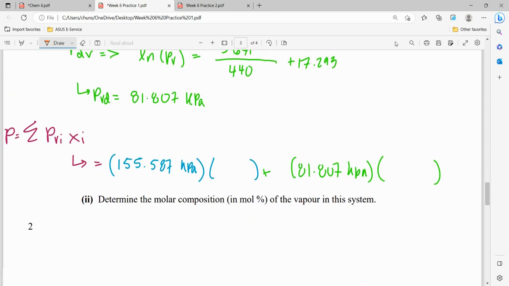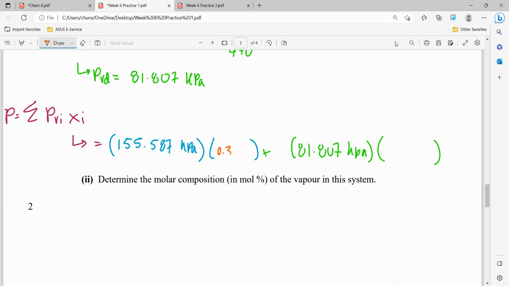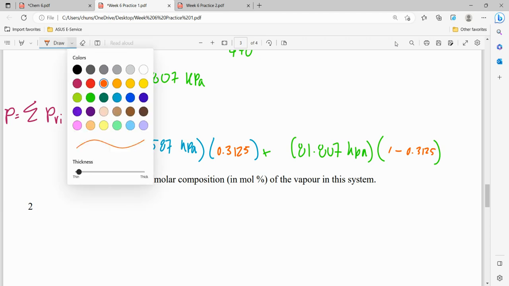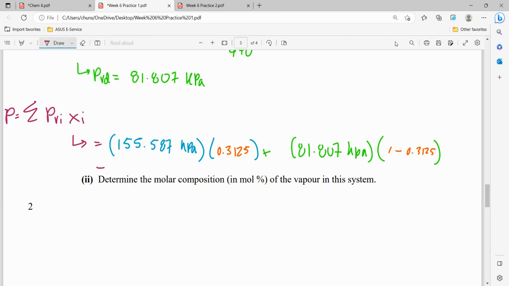Sorry, this is the value that we'll be using instead. And this will then give us our pressure equal to 105 kilopascals.